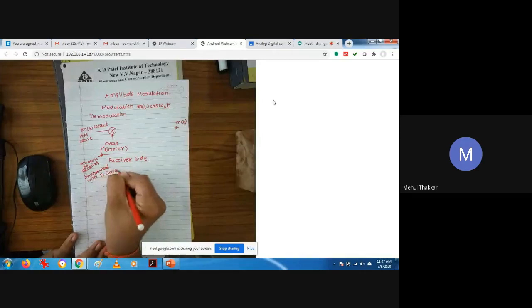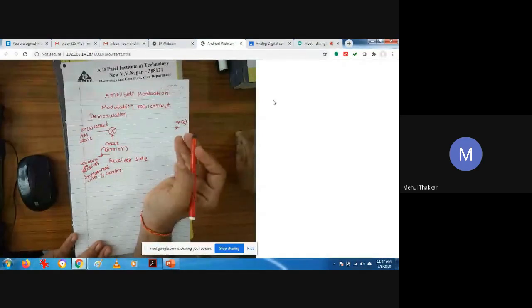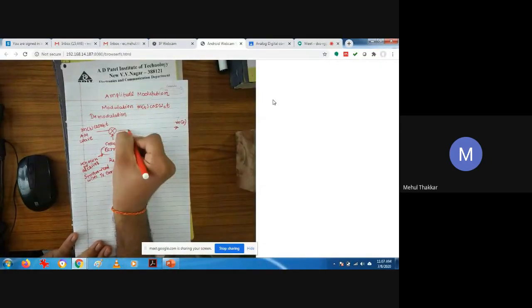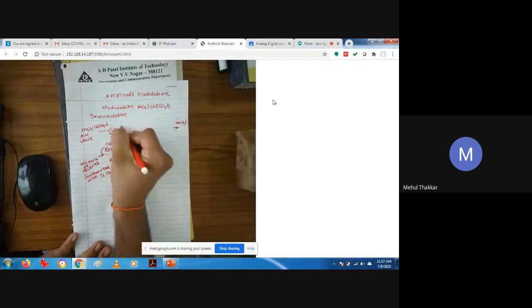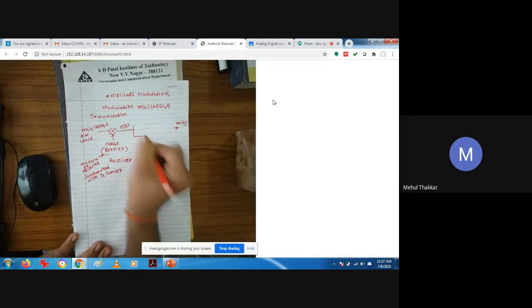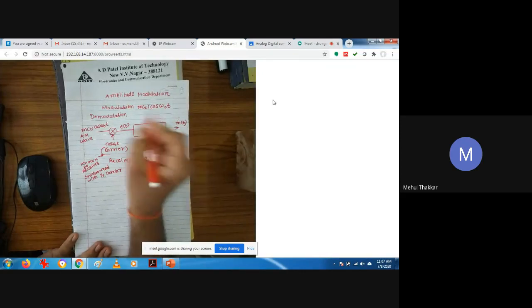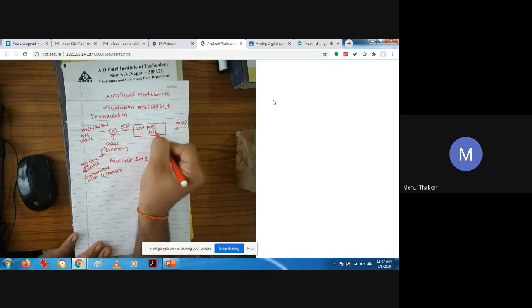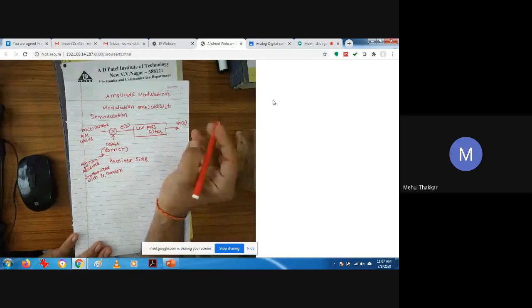So this is cos omega ct which is given into the multiplier, and then whatever the output of this multiplier, let's name it as e of t, that I need to pass through a low pass filter. And then after the low pass filter you will get the m of t.